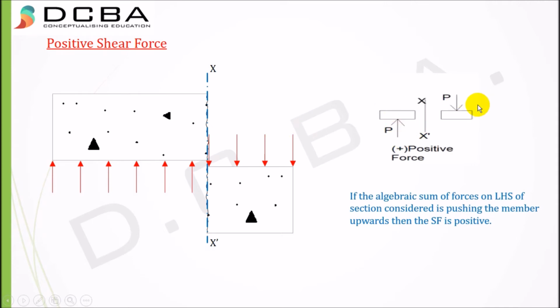To sum it up in a statement, if the algebraic sum of forces on the left hand side of the section considered is pushing the member upwards, then the shear force is positive. Or if the algebraic sum of forces on the right hand side of the section considered is pushing the member downwards, then the shear force is again positive. So I hope you got the idea of what is a positive shear force.